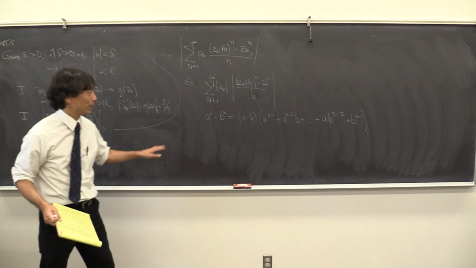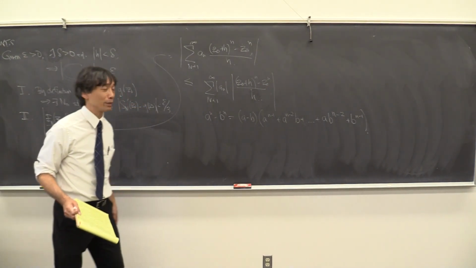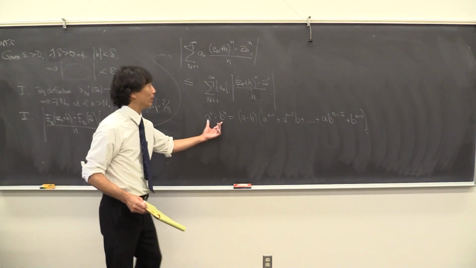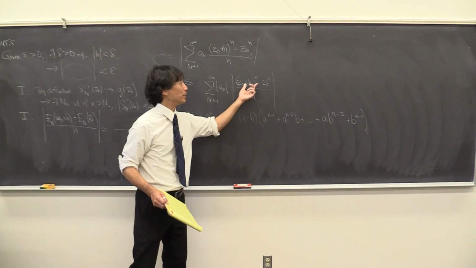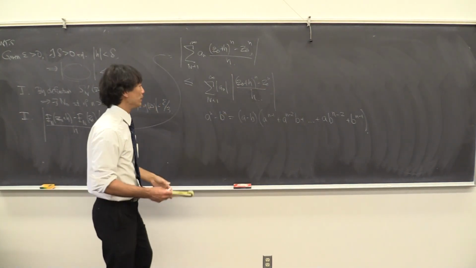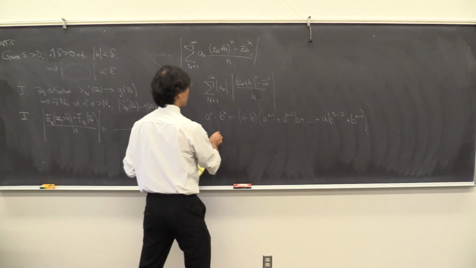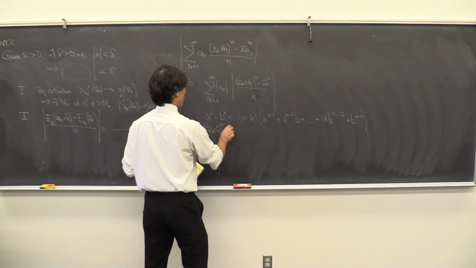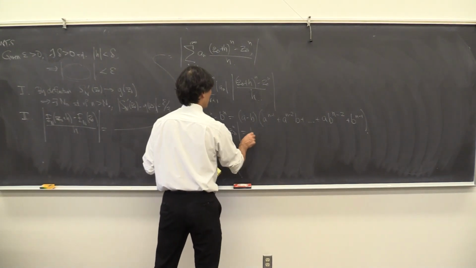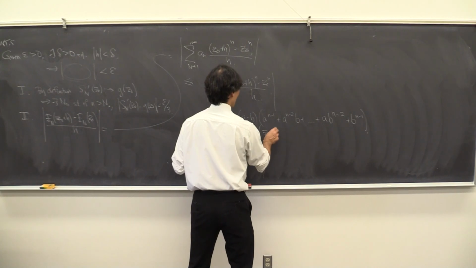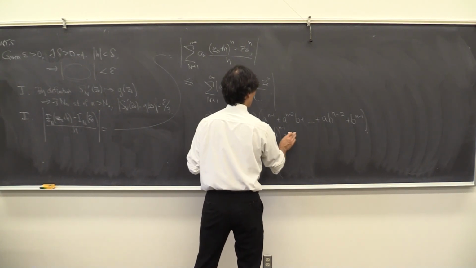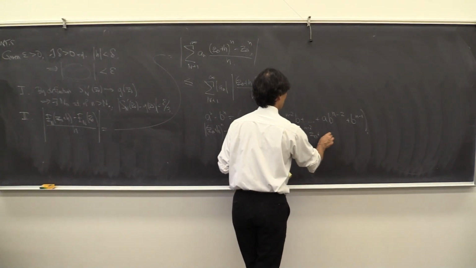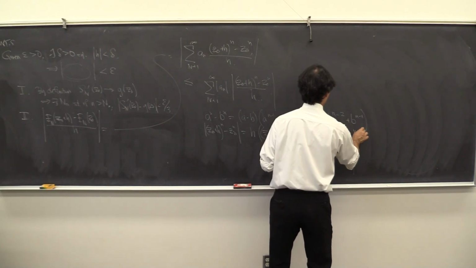This is kind of a typical trick that one plays. So here we've got z naught plus h to the n minus z naught to the n, so we can write this as h times z naught plus h to the n minus 1, plus z naught plus h to the n minus 2 times z naught, plus and so on, plus z naught to the n minus 1.